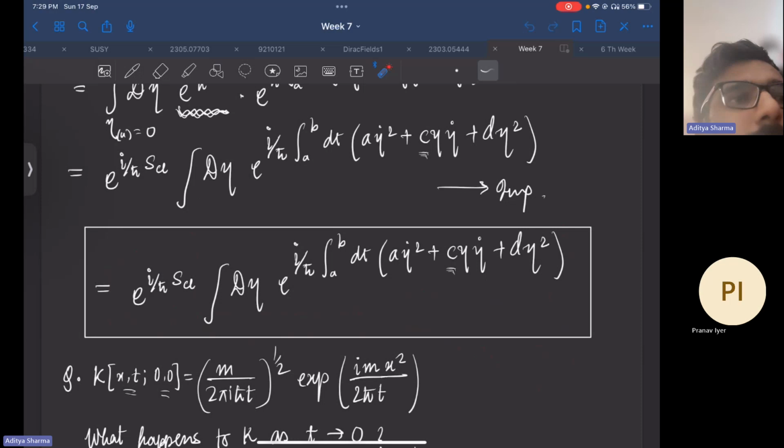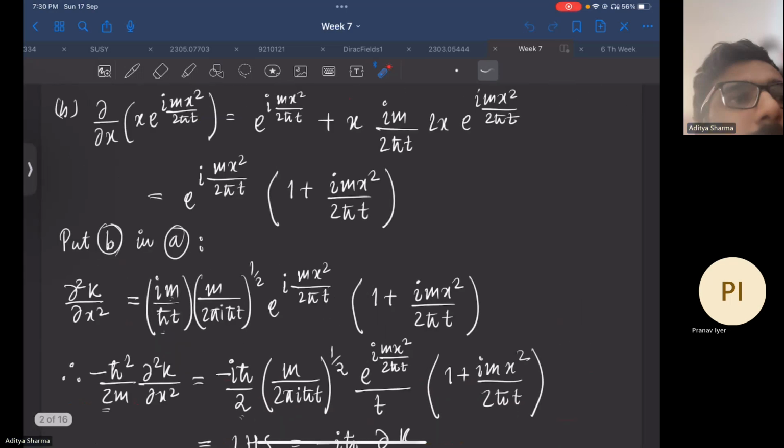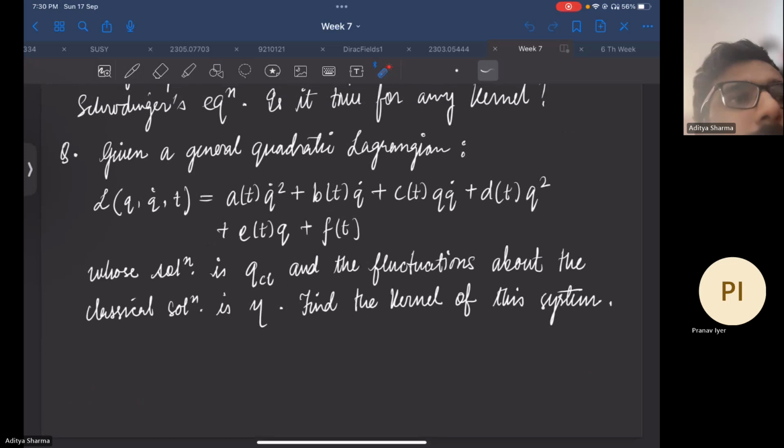Now let's see what happens for the free particle. For the free particle, C and D are 0. And you're going to have, for the free particle, B, C, D, E, F, everything is 0. Only E is there.